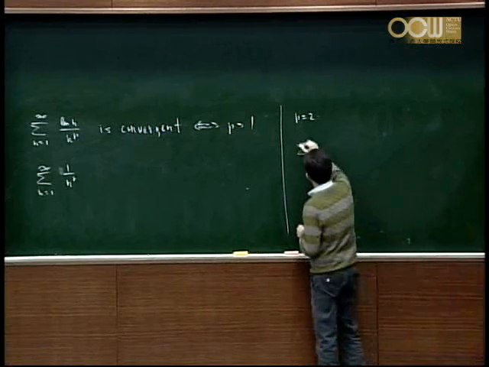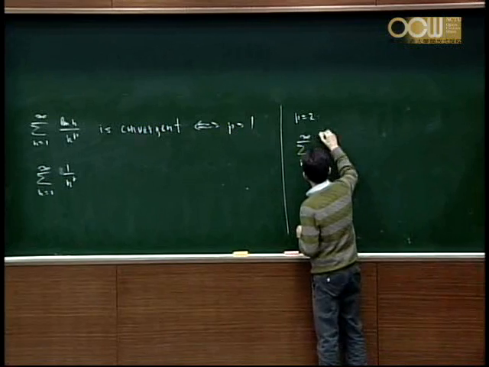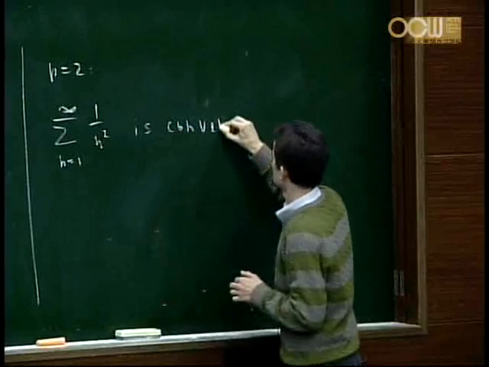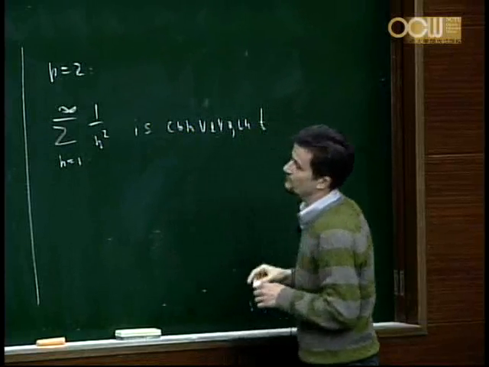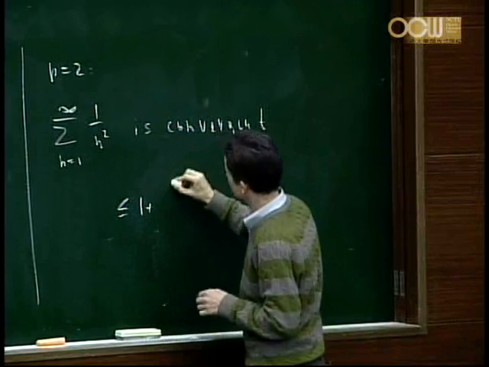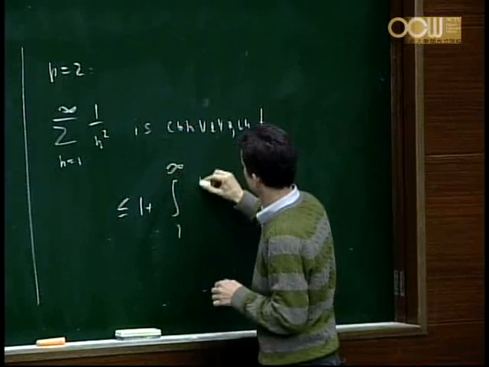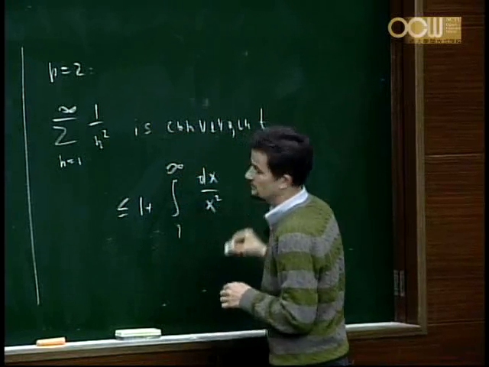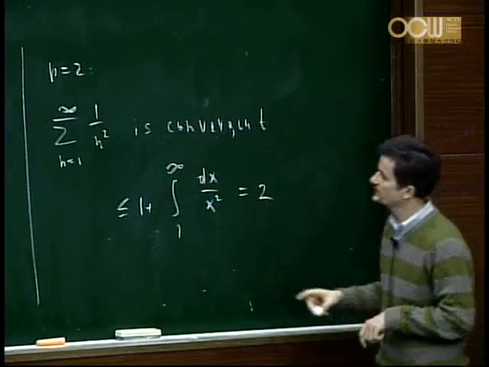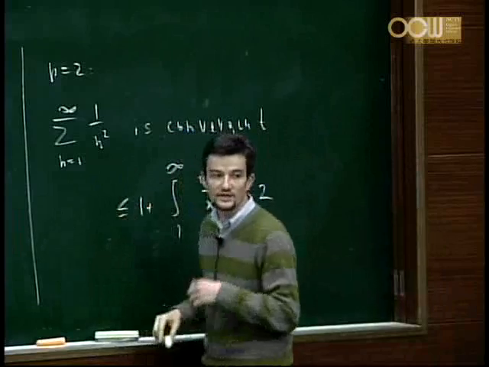For this case, we saw already that this series is convergent, but we also know more. We know this value must be smaller than or equal to 1 plus the integral from 1 to infinity of dx over x squared, which is equal to 2. So we know already that the value here is smaller than or equal to 2.